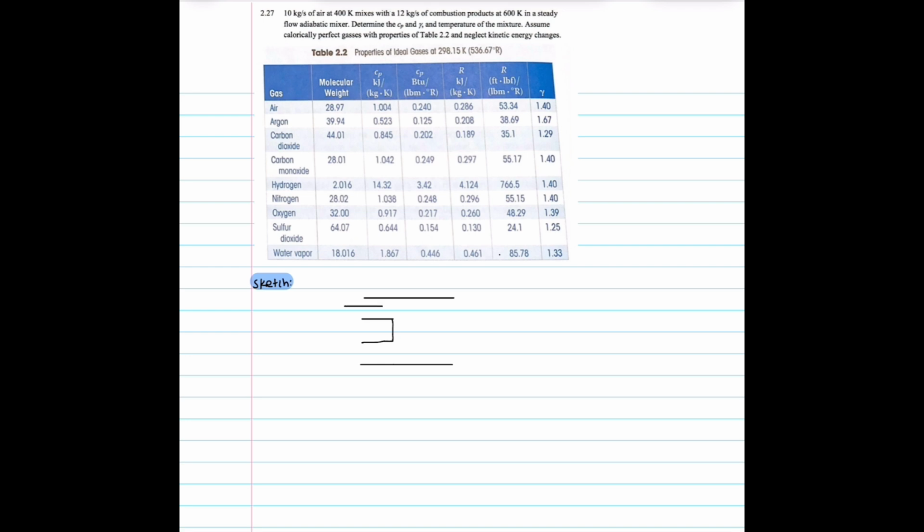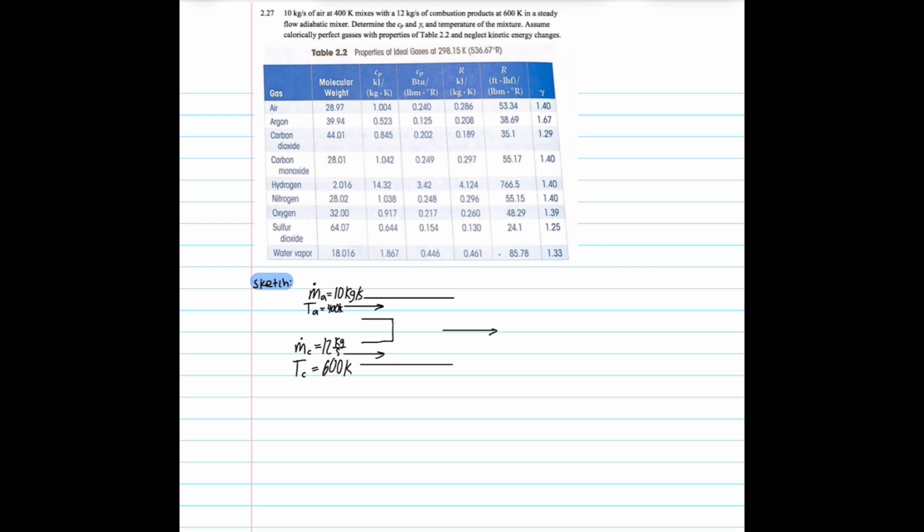So if we sketch a mixer here with two inlets with air going into the mixer at 10 kilograms per second and a temperature of 400 degrees Kelvin, and the combustion products, M dot C, going in at 12 kilograms per second at a temperature of 600 degrees Kelvin.